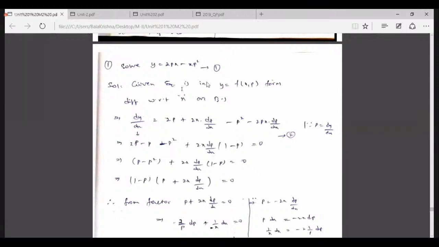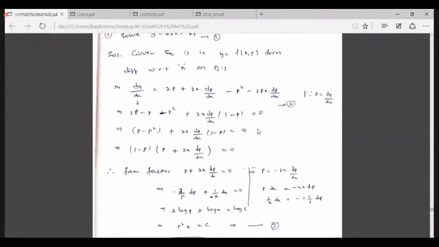So again you should apply the uv rule. That is, with respect to x it is p square, and x into this derivative is 2p into again dp by dx, right?